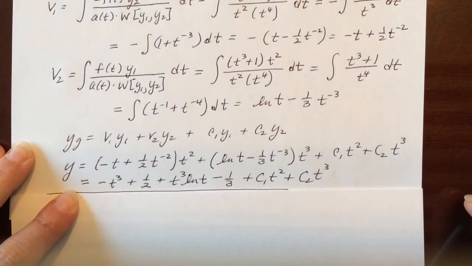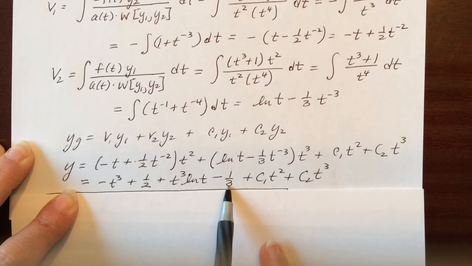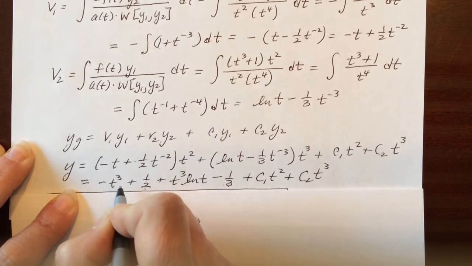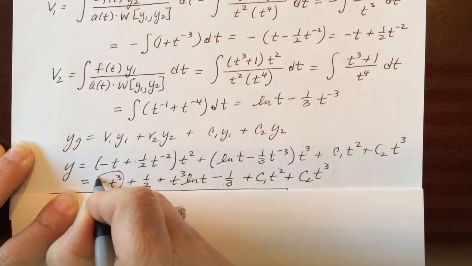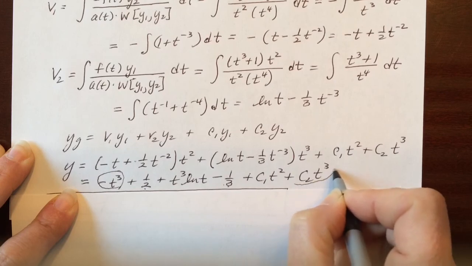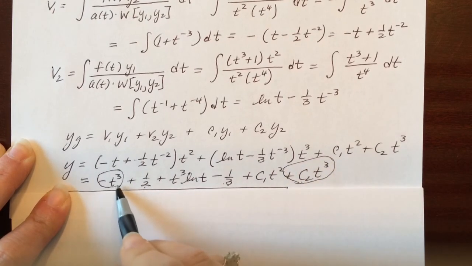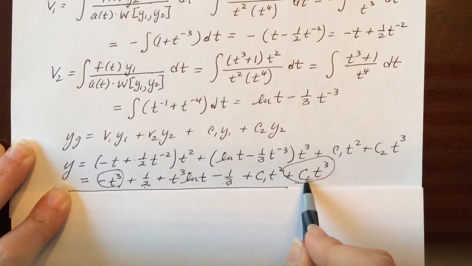All right, but wait, I think we can even do more with this. The 1/2 and the negative 1/3, that's 1/6. Also notice that the negative t cubed and the c2 t cubed can be combined, so this is absorbed by this term right here.